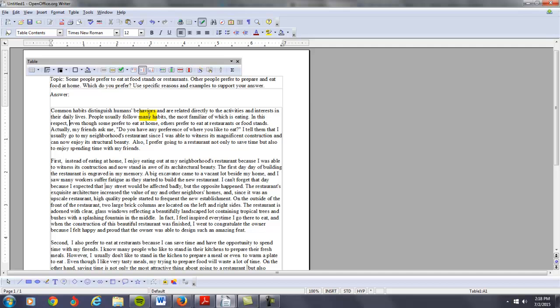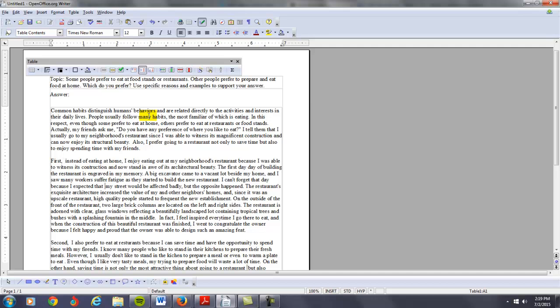In this respect, even though some prefer to eat at home, others prefer to eat at restaurants or food stands. Actually, my friends ask me, do you have any preference of where you like to eat? I tell them I usually go to my neighborhood's restaurant since I was able to witness its magnificent construction and can now enjoy its structural beauty. I also prefer going to a restaurant not only to save time, but also to enjoy spending time with my friends.